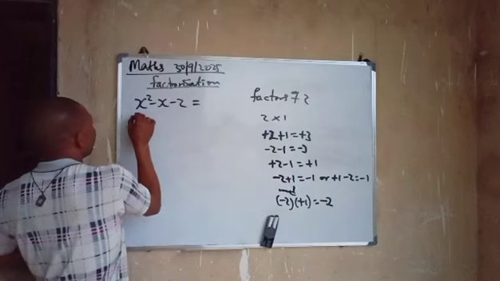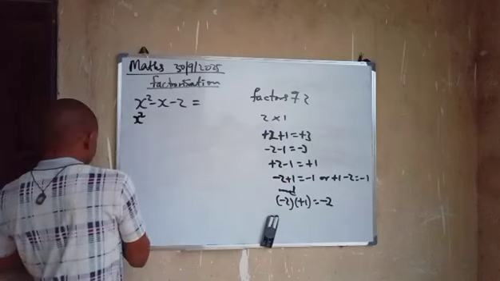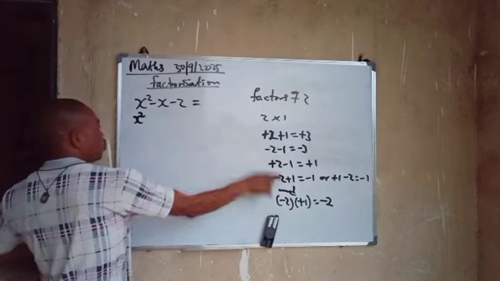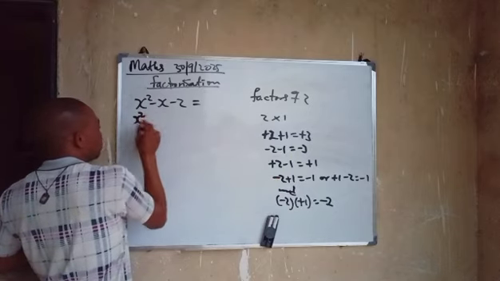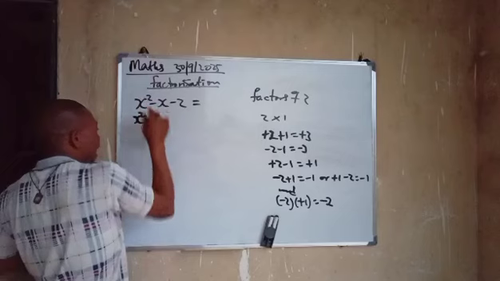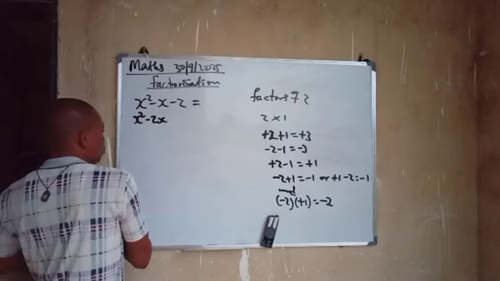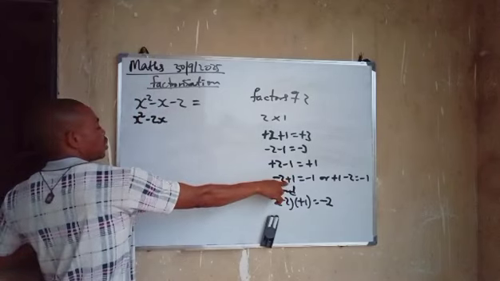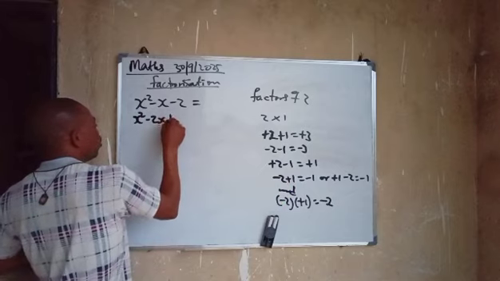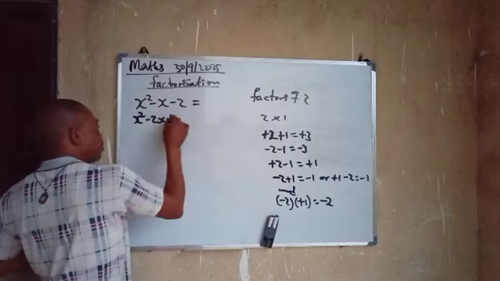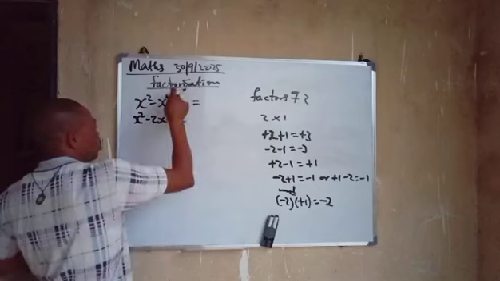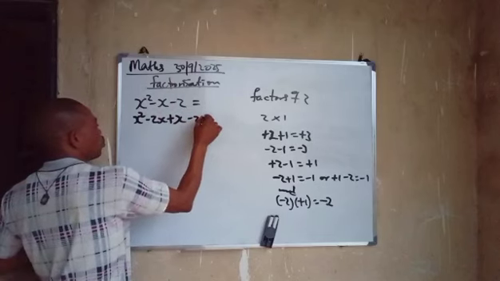We have x squared coming down, then minus 2 taking the position of the coefficient. We have minus 2 sharing x, so now minus 2x. Then plus 1 coming in, it should be only plus, with x. Then we bring down minus 2.